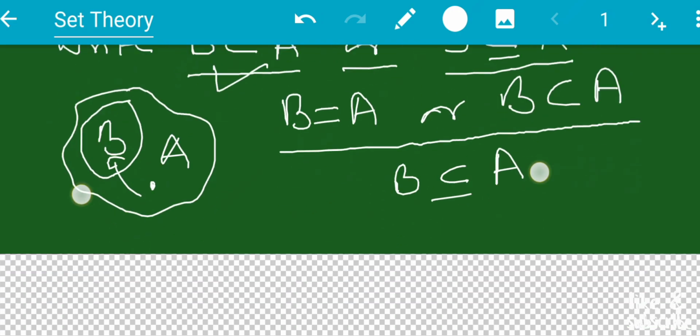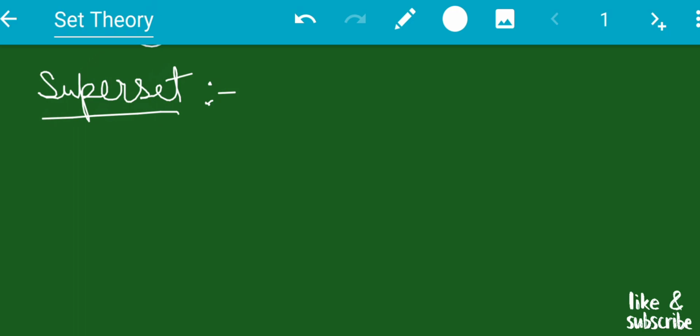Now come to the next, that is superset. What is a superset? This is the same as saying subset in the opposite direction.